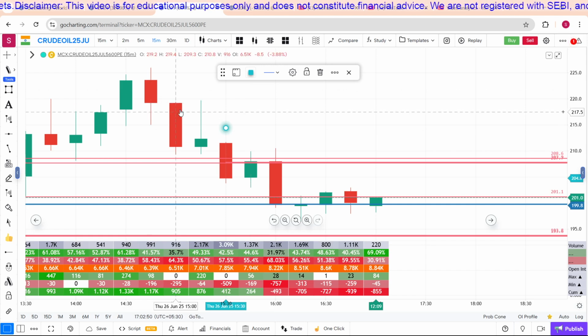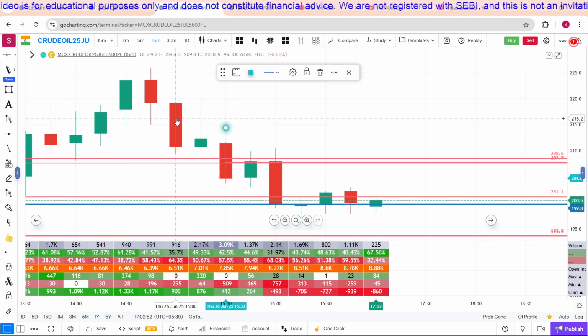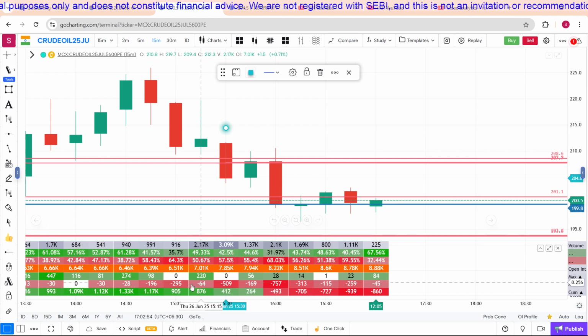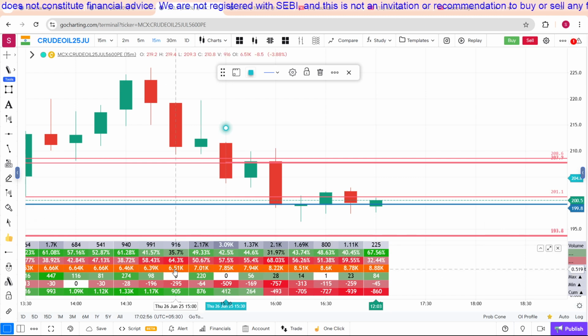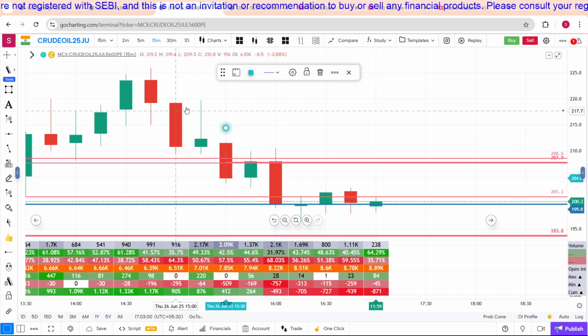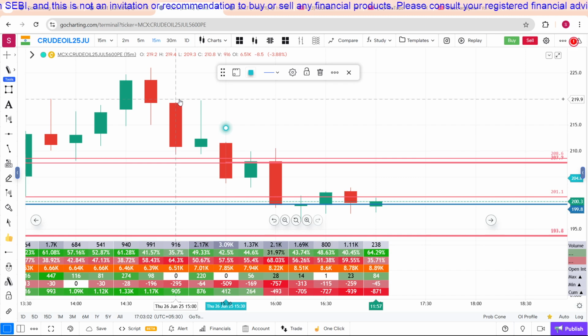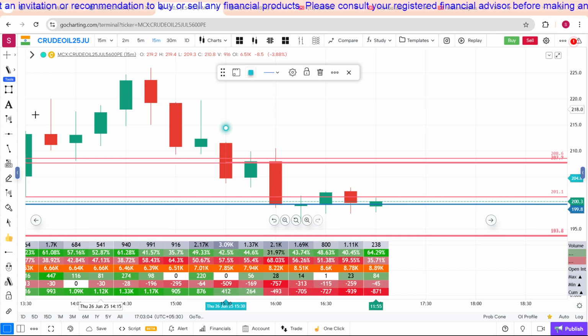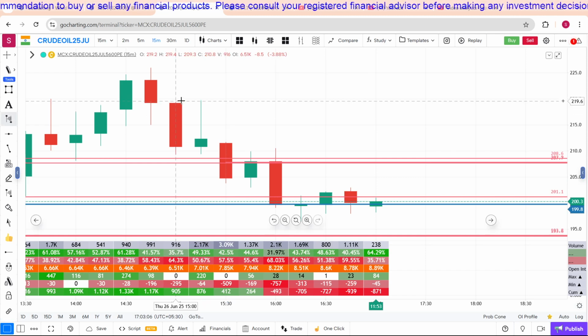Otherwise, you need a red candle having increased open interest, fresh shorting. 651,000 is the open interest. Open interest increased with the red candle in the 50 minutes chart. So we can short from here.